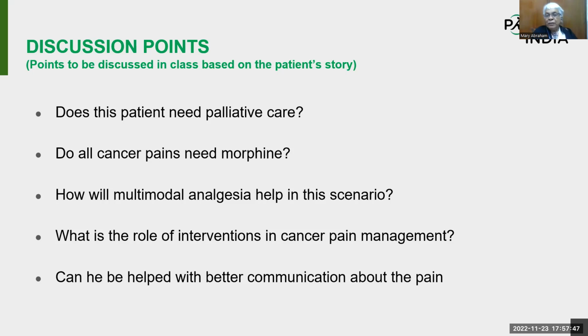And these are some of the modalities, but of course, you can even go up to the fourth step of the ladder and maybe give an interventional neurolytic block, like superior hypogastric block, which will cause analgesia to the area of the perineum and rectum. That is one option that can be thought of.